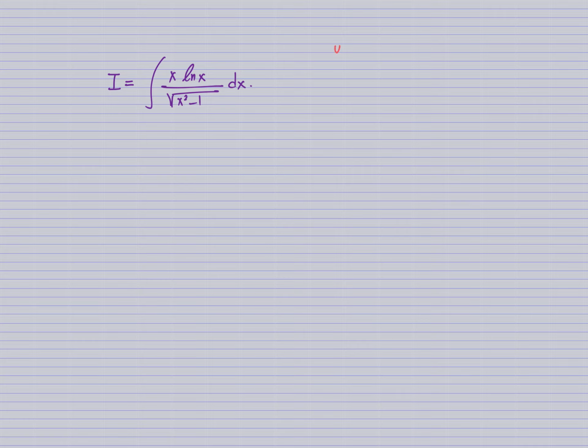So let's take u equals ln x, and hence du is 1 over x times dx, and dv equals x over square root of x squared minus 1 dx.